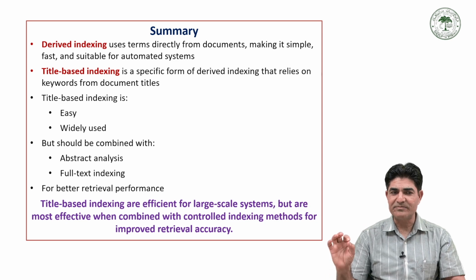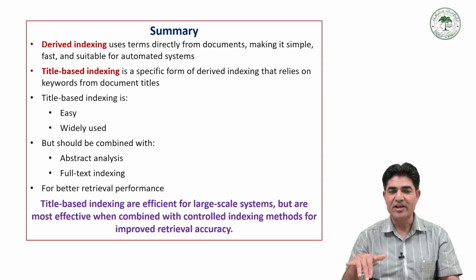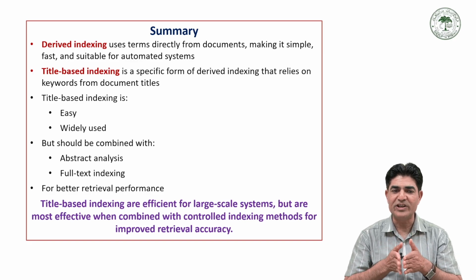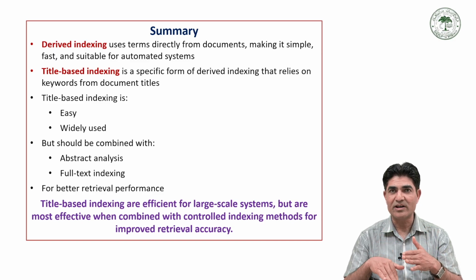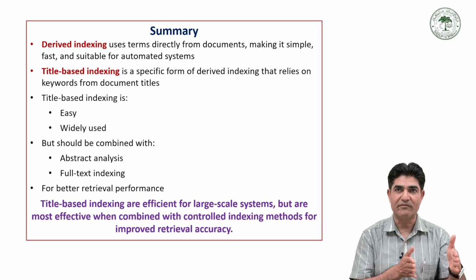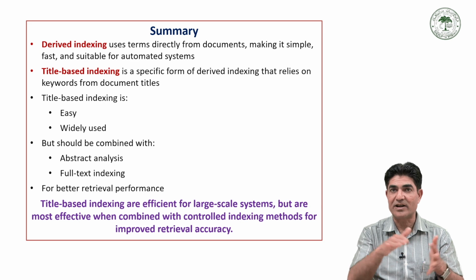Title-based indexing is efficient for large-scale systems, but is most effective when combined with controlled indexing methods for improved retrieval accuracy. So we can add two more things to this kind of indexing. One is that we should rely on the complete document, not only collect words from the title, but extract words from other parts of the document.